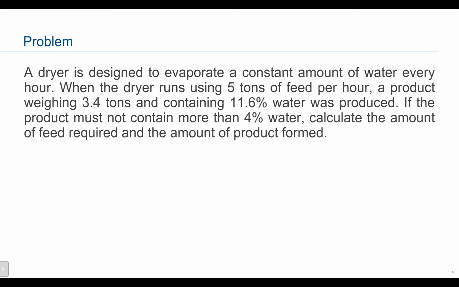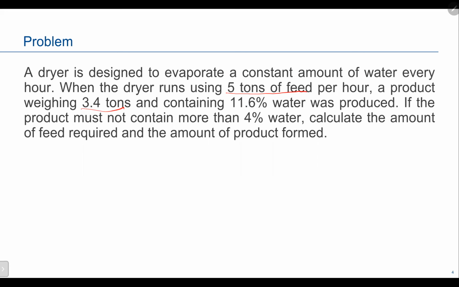Kasi ang requirement dito sa ating dryer is that constant dapat yung amount ni water na natatanggal. Okay, so here we have first yung ating 5 tons of feed per hour. Tapos after the drying, 3.4 tons daw yung product na nakuha.